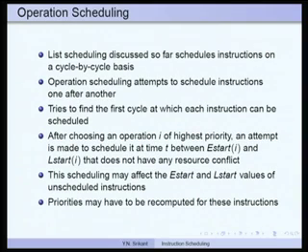For E start the successor values will change, for L start the predecessor values will change. So, we may have to compute the E start and L start of the unscheduled instructions again, and then compute the slack as the priority for these instructions and continue with the scheduling of the instruction.